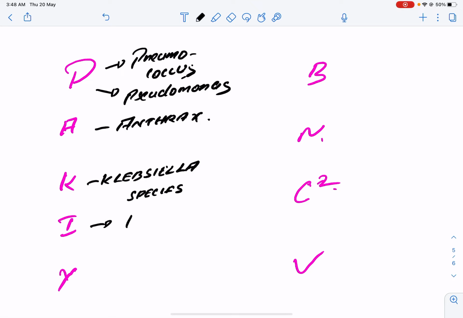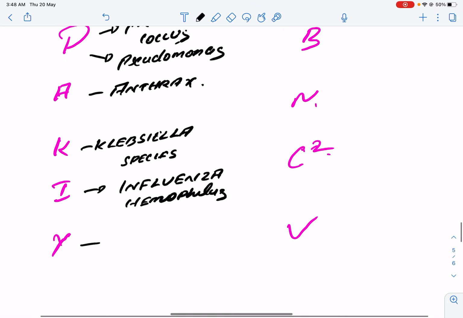I for Haemophilus influenzae. Y is for Yersinia species; just now we talked about Yersinia and bipolar staining.